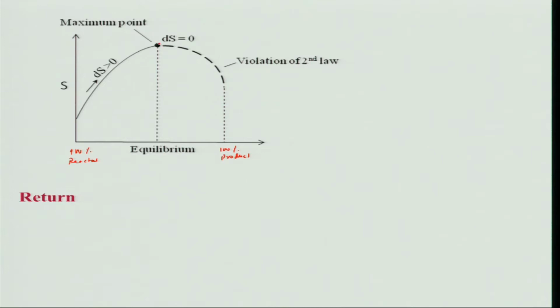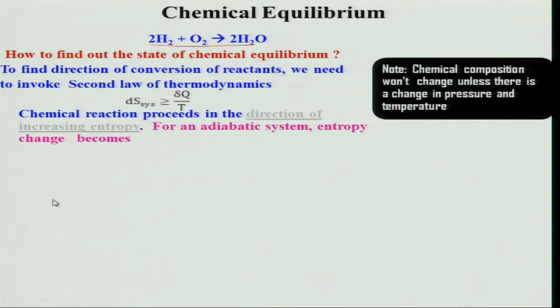But it will go till it reaches a maximum point where the change in entropy will be 0, and this portion will be violating the second law of thermodynamics, therefore it cannot really take place. That means it will reach the equilibrium composition when the change in entropy will be 0, and that is valid only for an adiabatic system.